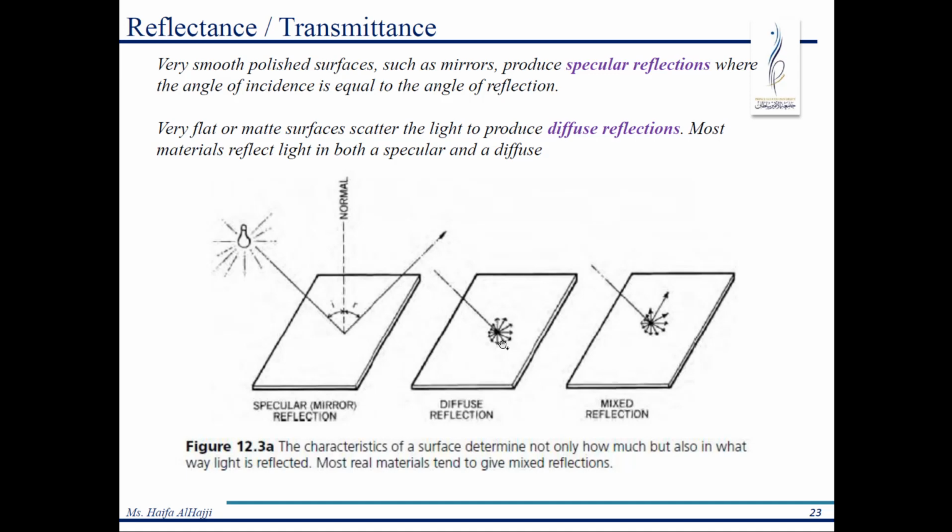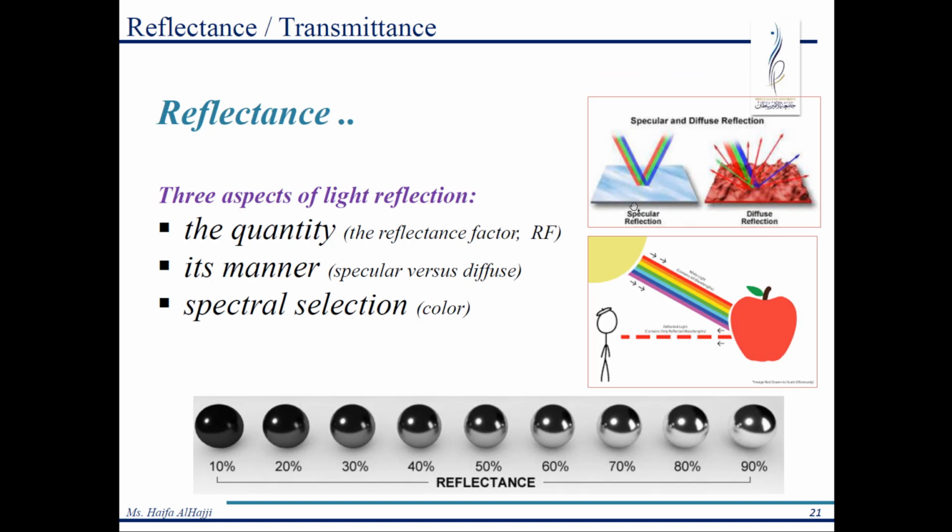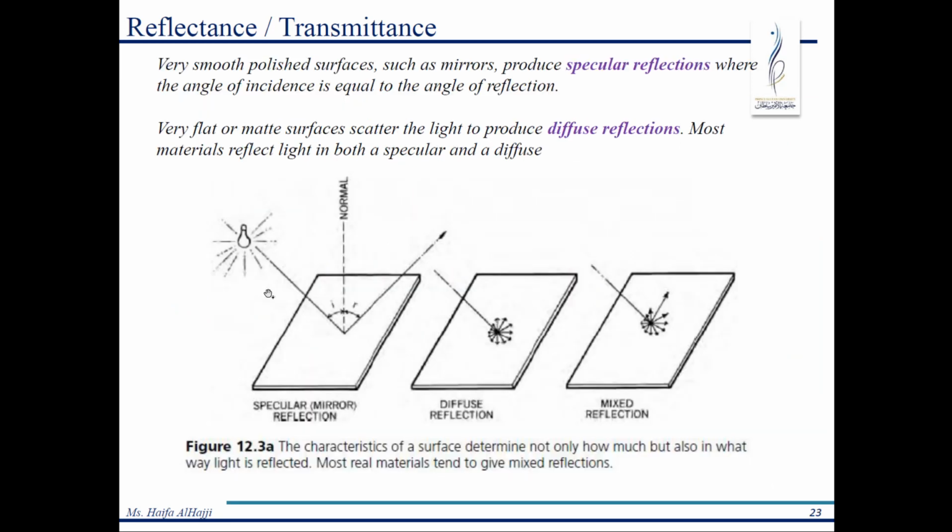Now let's talk about the manner of reflectance. As I discussed earlier, we have two main types: specular reflection and diffuse reflection. Specular reflection is the smoothly reflected type. It requires a very smooth surface, and the angle of incidence of the light will equal the angle of reflection.